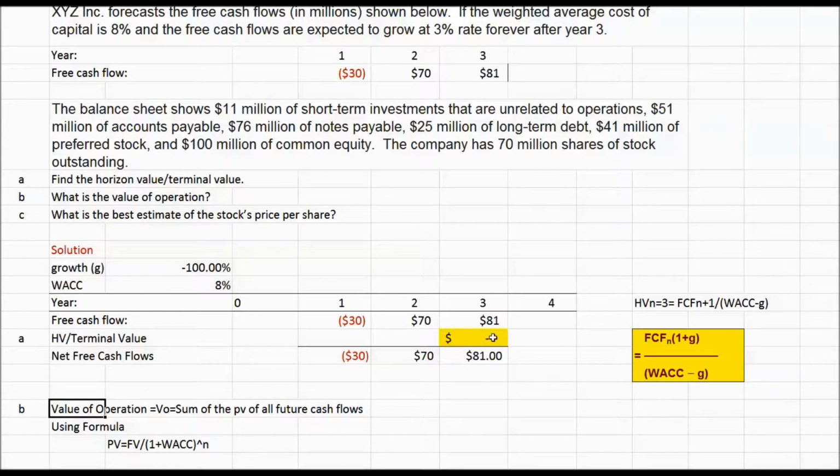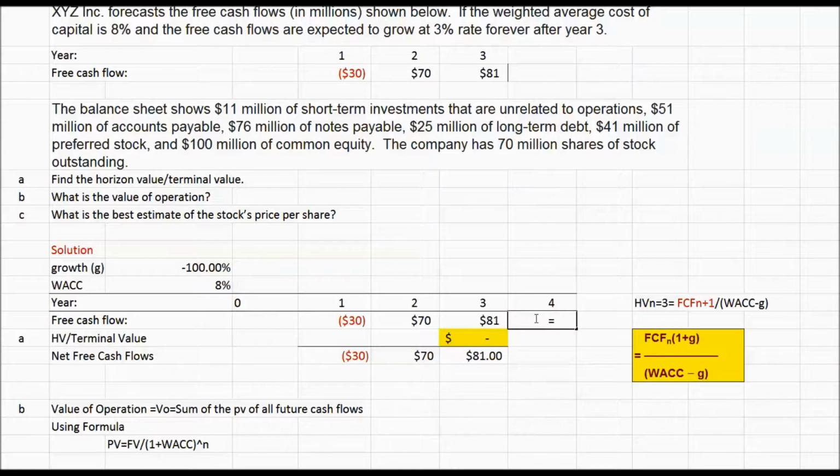So first of all, you need to find this number here. That's called your cash flow at time n plus 1. What is our n right now? Our n is 3, right? If you want to find cash flow at n plus 1, which is this one here, how do you do that? If you multiply the cash flow at n by 1 plus the growth rate, you're going to get this number.